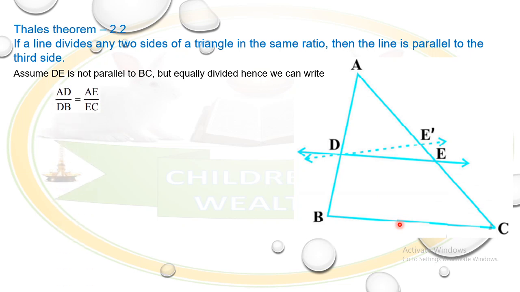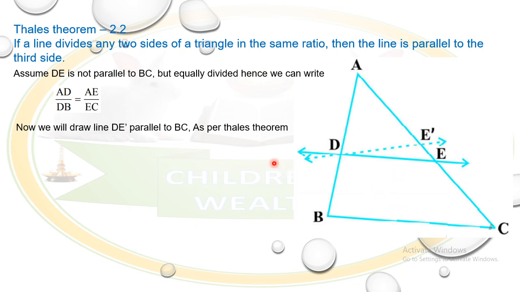Hence we can write AD divided by DB is equal to AE divided by EC. Now we will draw a line DE dash, shown in dotted lines, parallel to BC. That means we assume that DE dash is parallel to BC.